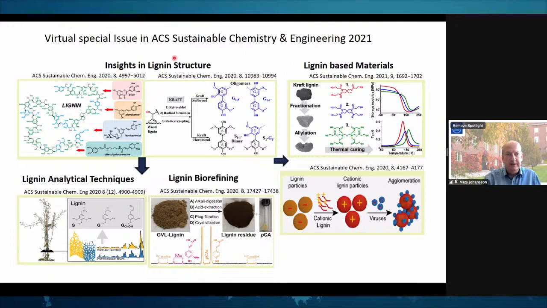And here you can also find extra information about what is the lignin structure in nature, this is still debated, and what is the structure of technical lignins of different origins. Analytical techniques continue to develop, and that's important to have accurate tools to do this. There's also great improvement in lignin biorefining, how you can retrieve different types.